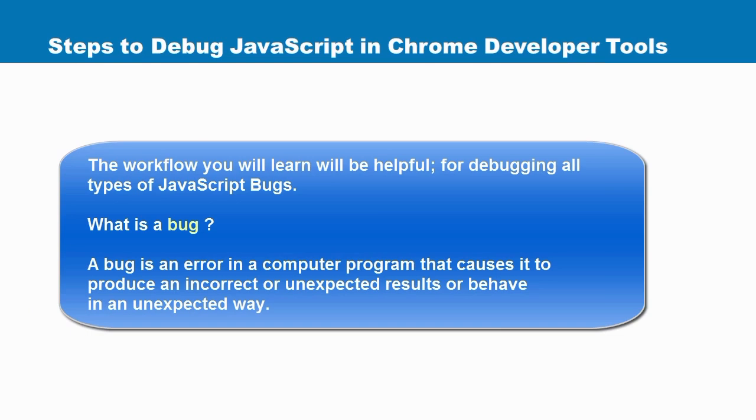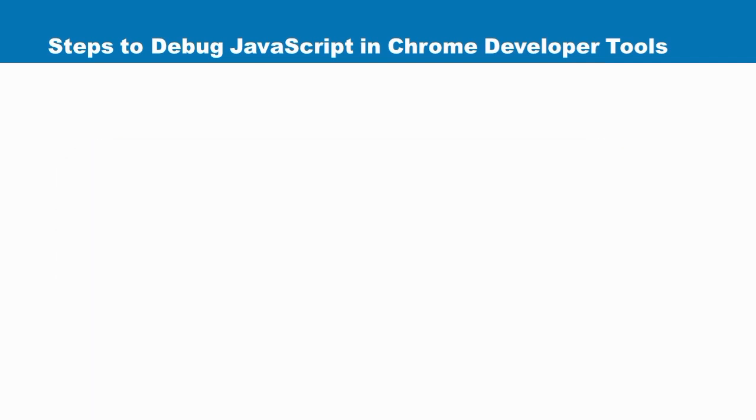Using the console screen within the debugger can catch some common errors, but the workflow we're going to use now will give you a wider perspective and a proper workflow to catch the errors and fix them. So let's take a look at the steps, and the steps will be covered in separate videos.